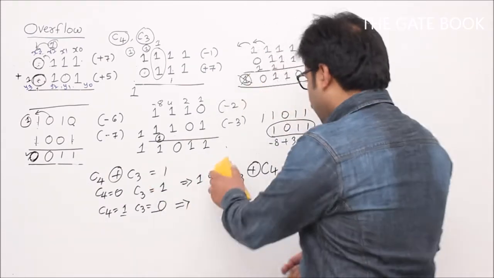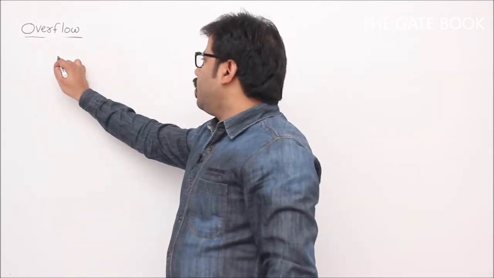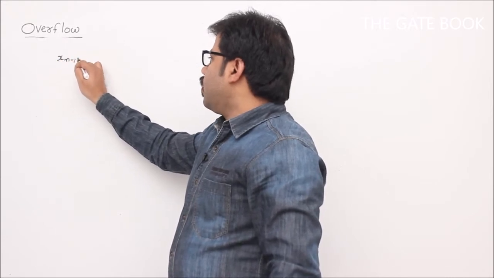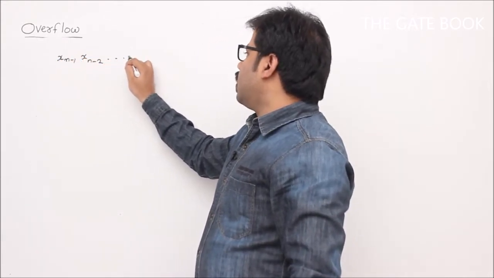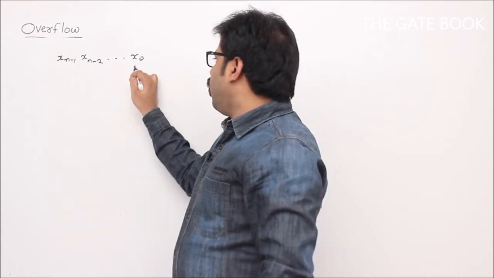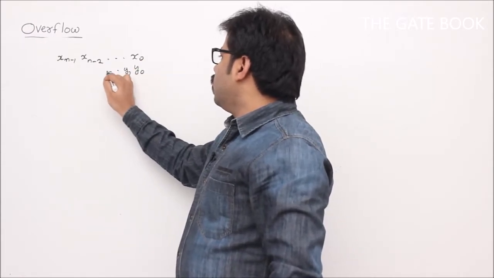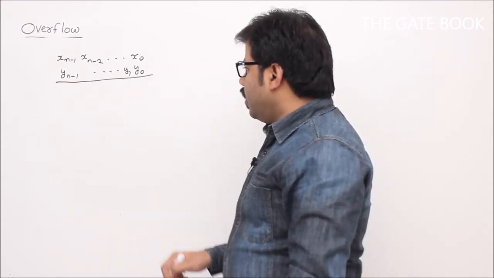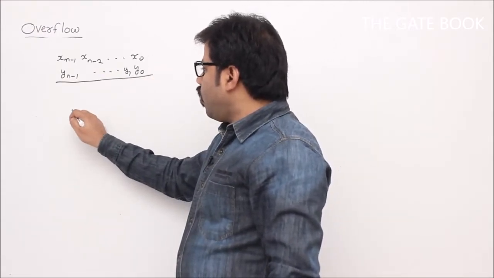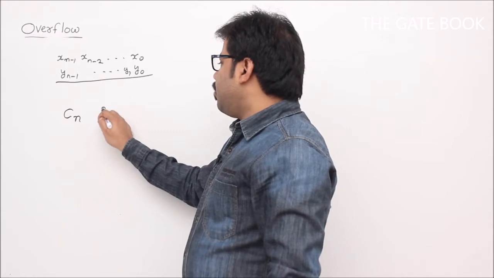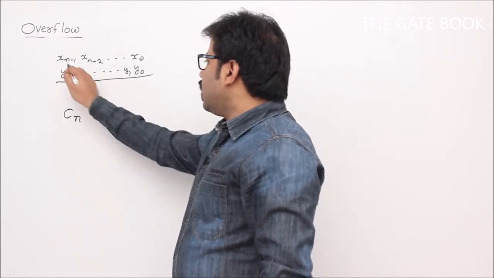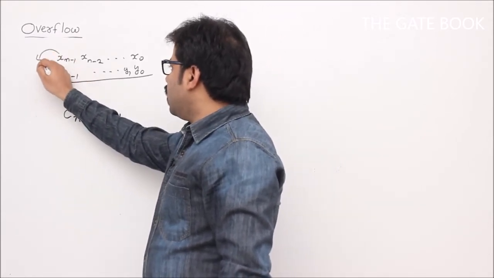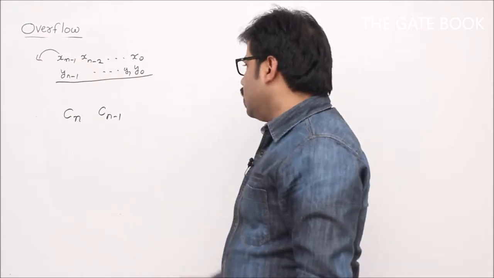Let's generalize it. If you have n bits, x(n-1), x(n-2), and so on, x0, and you have y0, y1, and so on, y(n-1). When you are adding these n bits, then the overflow condition is, we know what is Cn and what is C(n-1). Cn is nothing but the carry which is coming out from the most significant digits.